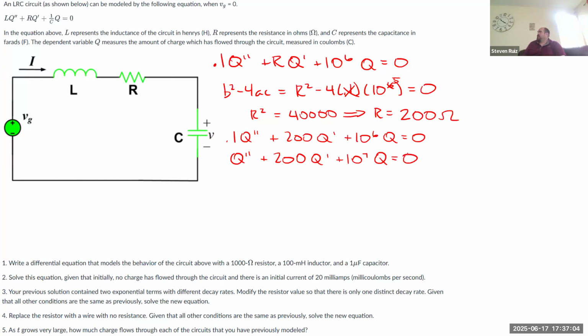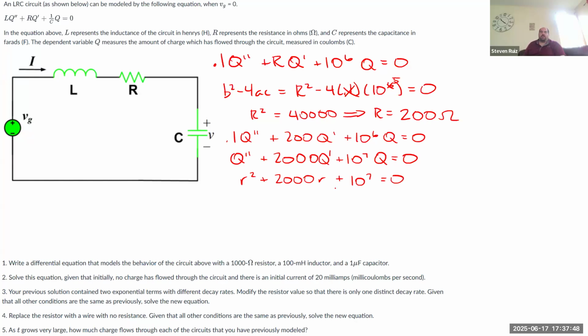I could do quadratic formula on this, but hopefully, based on what I just did with the discriminant... oh, hold on. I did not multiply by 10. So r squared plus 2000r plus 10 to the 7th equals 0.